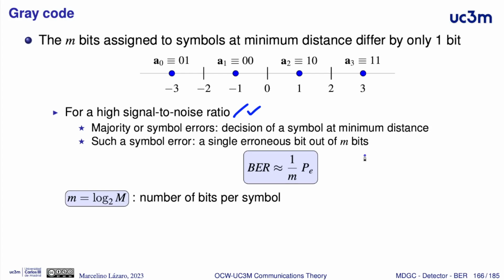In this case, with a Gray encoding, only one bit is erroneous out of the m bits that we have in this symbol, and the bit error rate is approximately equal to the probability of error at symbol level divided by the number of bits per symbol, because usually in the most common errors we will have a single erroneous bit out of the m bits that are assigned to the transmitted symbol.